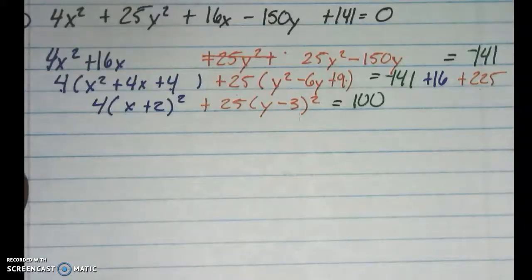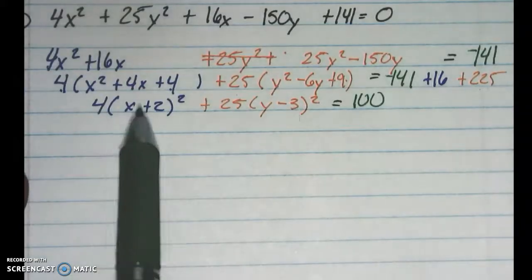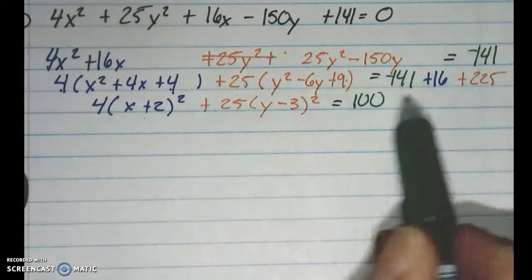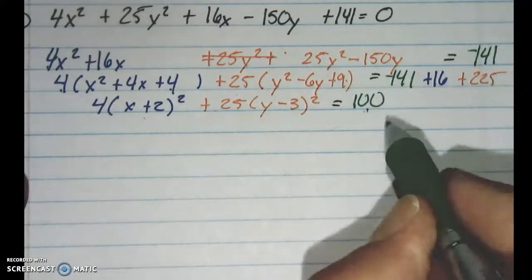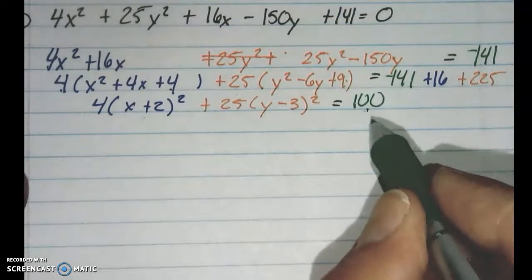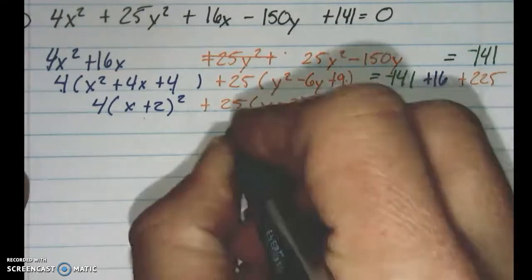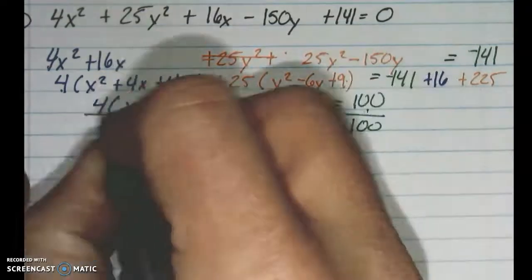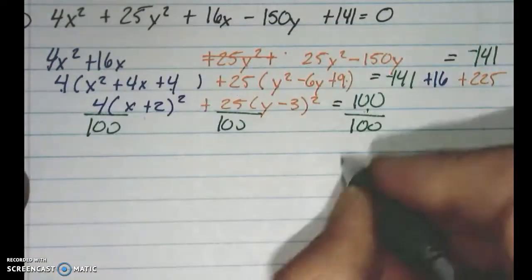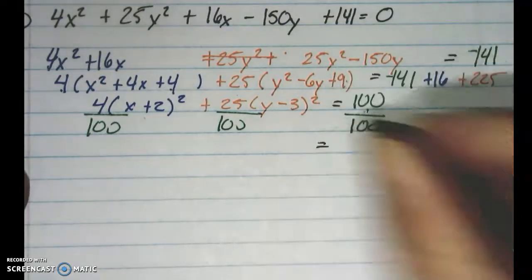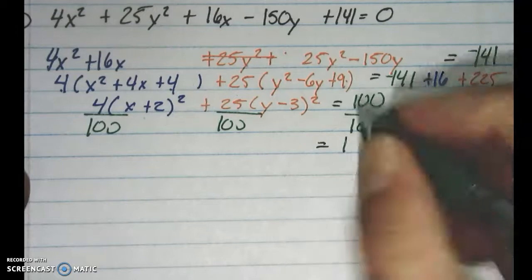Okay. So we completed the square, made it look all nice and pretty for us. Combine like terms, we got 100. Now, what did I say that this side always has to be? 1. So I need to divide by what? Divide everything by 100. So then this side over here becomes 1.